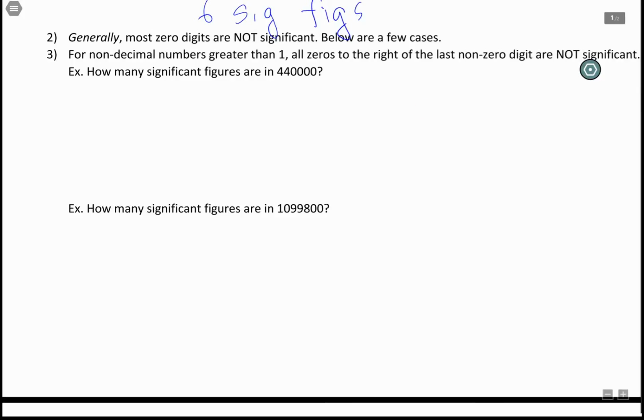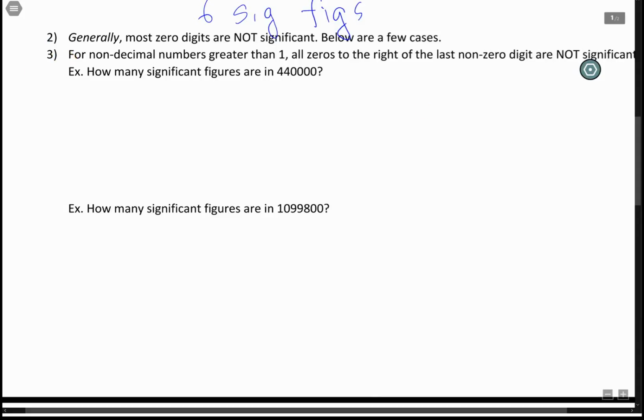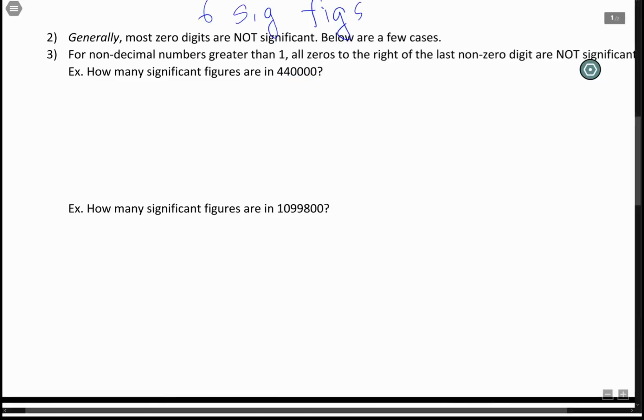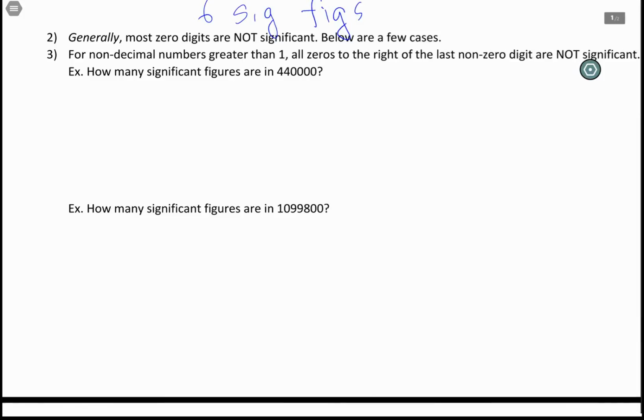For number 3, for non-decimal numbers greater than 1, so here we have 440,000, that's a non-decimal number, no decimal here. It's greater than 1. We say that all zeros to the right of the last non-zero digit are not significant. Okay, so a lot of words. We'll break it down by looking at our first example.